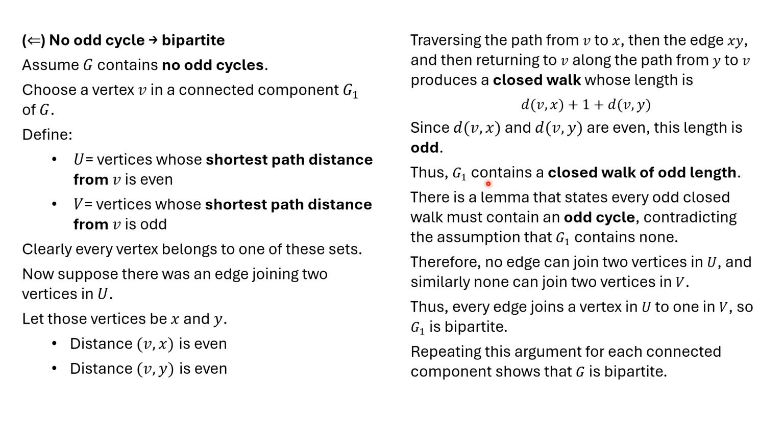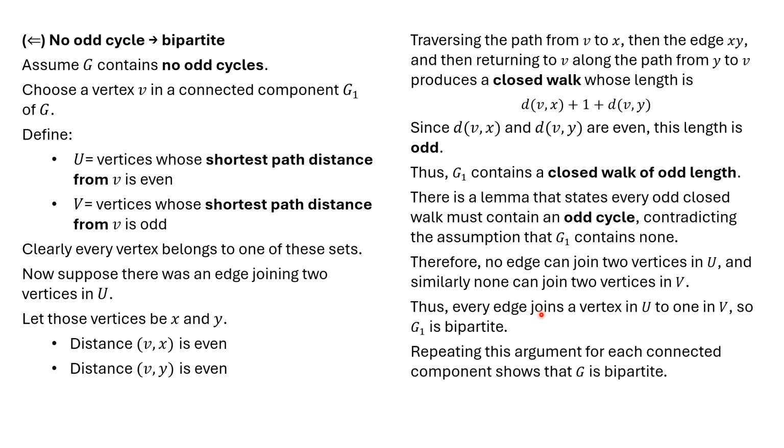Thus, G sub 1 contains a closed walk of odd length. However, there's a lemma that states that every odd closed walk must contain an odd cycle. So that's what gives us our contradiction, that we had an edge between two vertices in U. As I mentioned, the argument is similar for V.